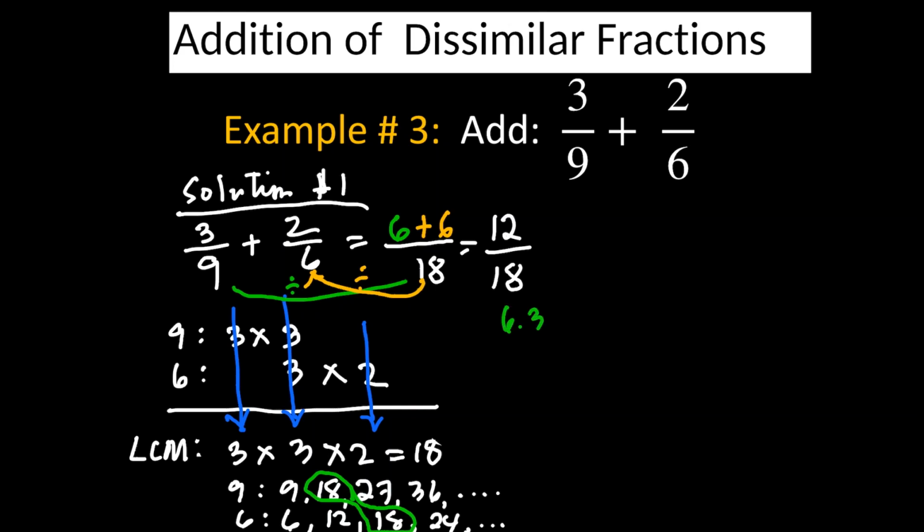Okay, so 18 is 6 times 3, while 12 is 6 times 2. And so if we remove the greatest common factor, 6, what is left in the numerator is 2, in the denominator is 3. So the simplest form of 12 over 18 is 2/3.